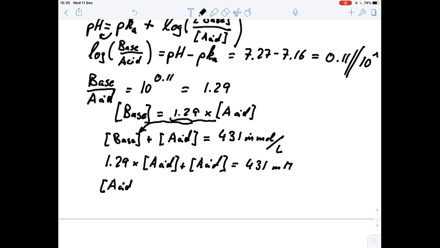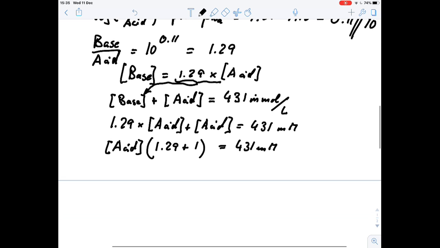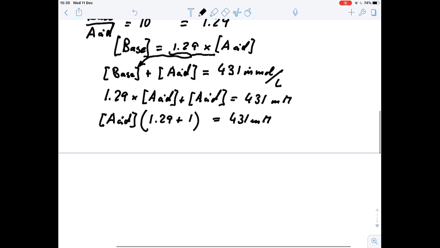Or I can factor out the acid. I've got acid times (1.29 plus 1) equals 431 millimolar. And if I want to get the acid, I just simply divide.